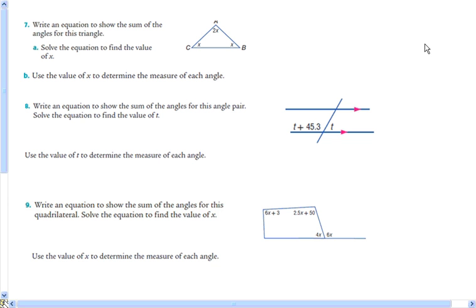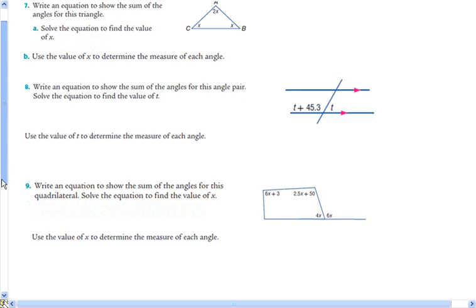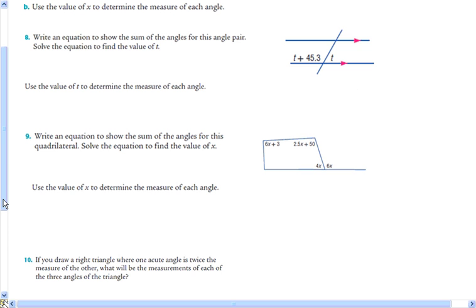It says write an equation to show the sum of the angles for this quadrilateral. Solve the equation to find the value of x. In a quadrilateral, all the angles add up to 360 degrees, but we don't really know anything about that. Some of you might say that that's 90, but we don't know that unless it's marked 90. But one thing we do know is right here.